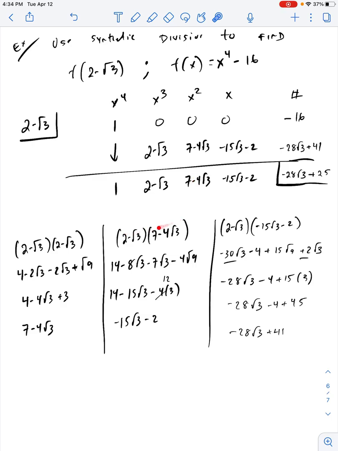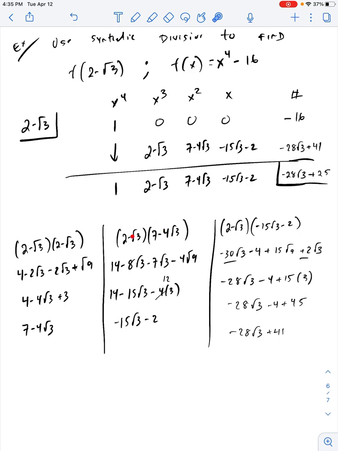Once again, we're multiplying. That's 4. That's 8. That's 7. All right, that's good. We combine these, that's good. We bring that. This is 3. All right, we multiply, that's 12.